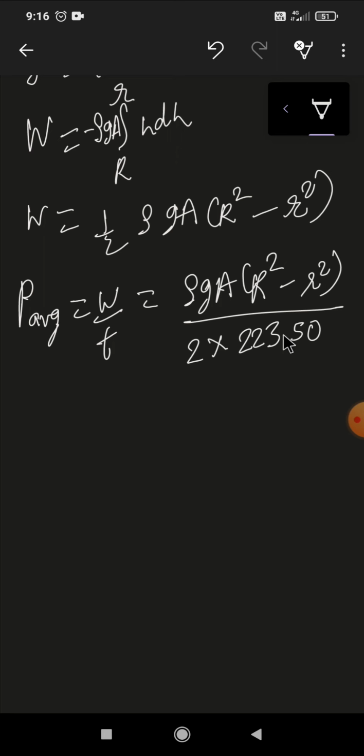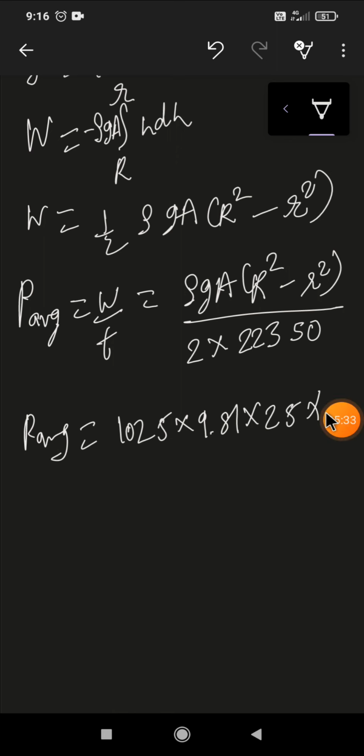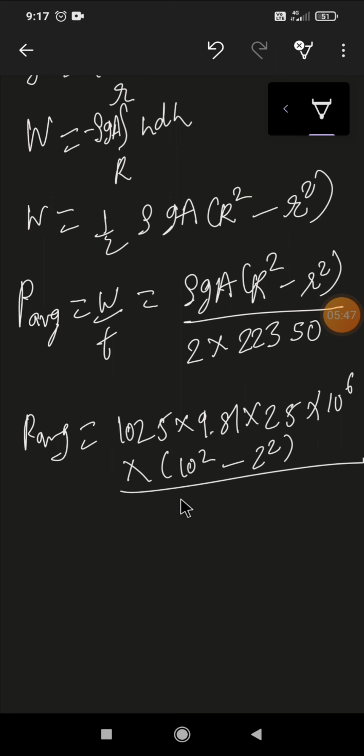22350. So average power will be 1025 into 9.81 into 25 into 10 raised to 6 into 10 square minus 2 square, divided by 2 into 22350.